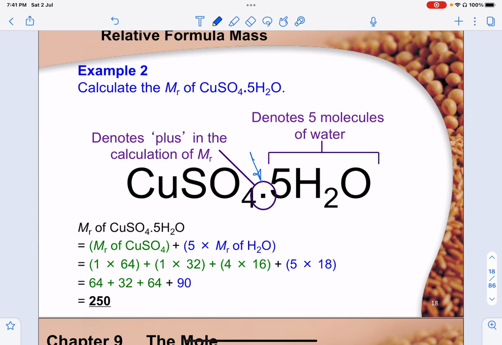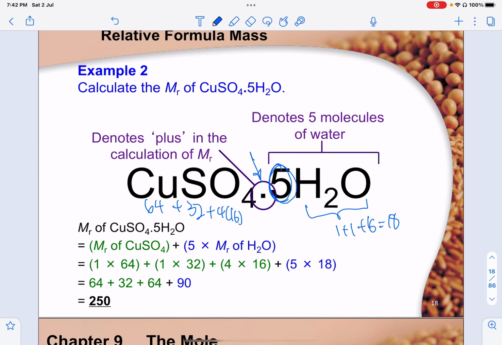All you have to do is break it down, where the Mr of copper 2 sulfate is 64 plus 32 plus 4 oxygen, which is 16 each. On the other hand, for water, it will be 1 plus 1 plus 16, giving you 18.